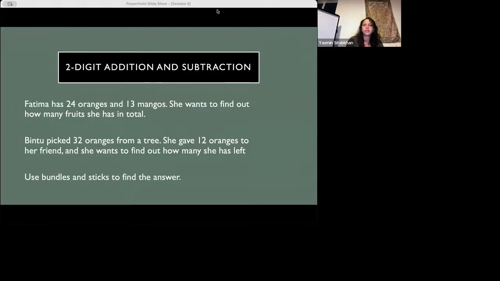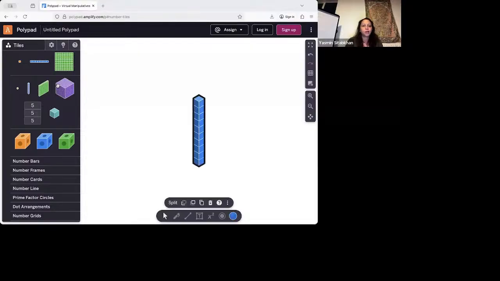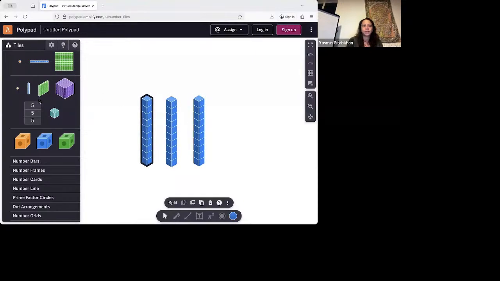And the other way, just because we are virtual right now, is this. I'm not sure if you guys can see. This is a great website that has free online manipulatives, but I can also do this, right? So these are my 10s. This was 32 that we just modeled.